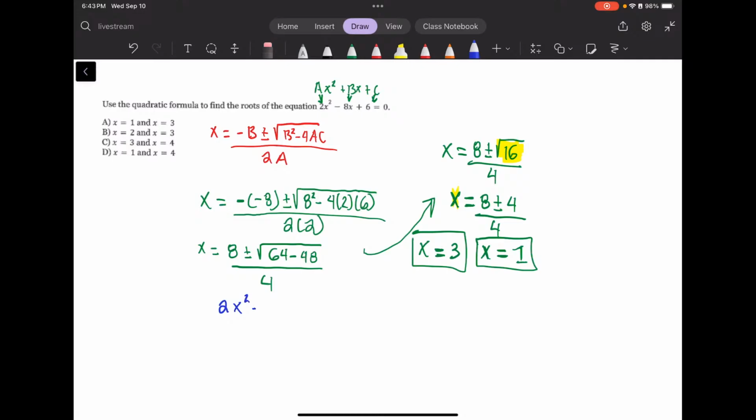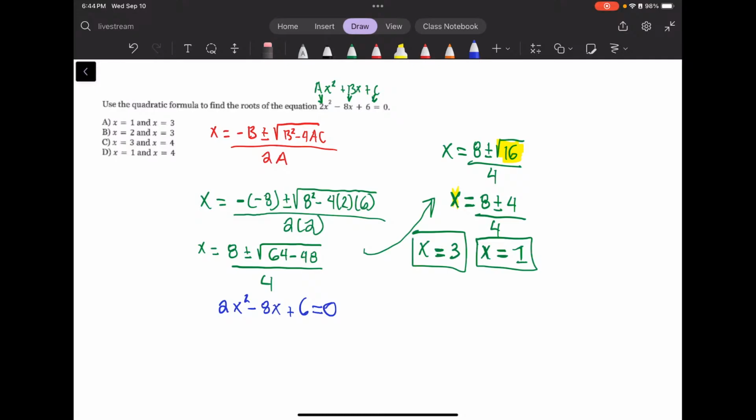So let's come down here in blue. So we have 2x squared minus 8x plus 6 is equal to 0. If you noticed right now, all three of these numbers, we could pull out a GCF.